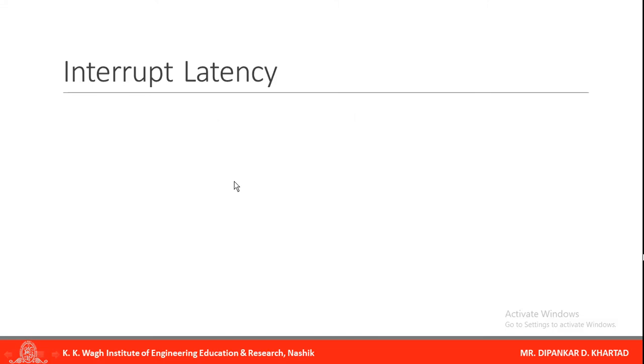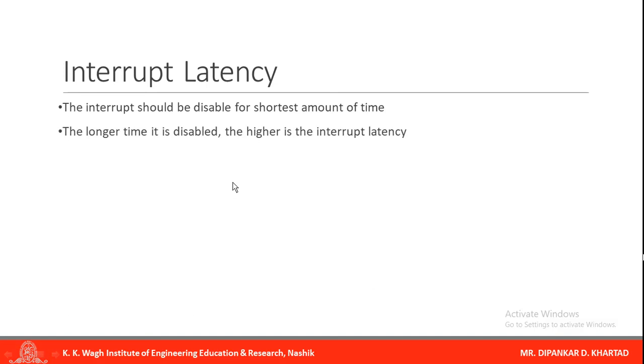Now we will study one concept, that is interrupt latency. Interrupts should be disabled for the shortest amount of time. The longer the time they are disabled, the higher the interrupt latency.